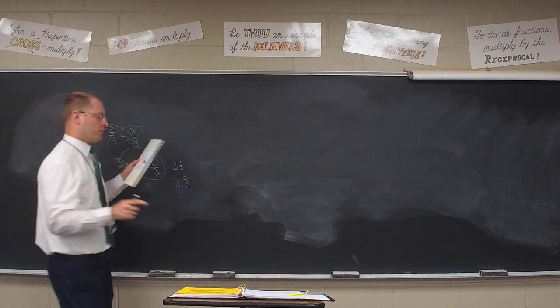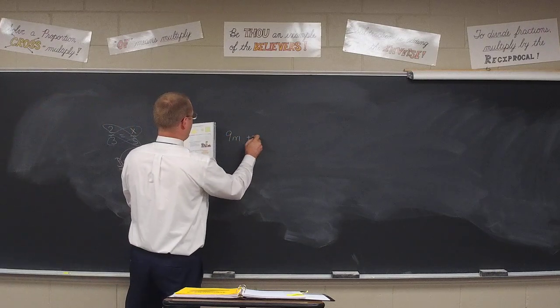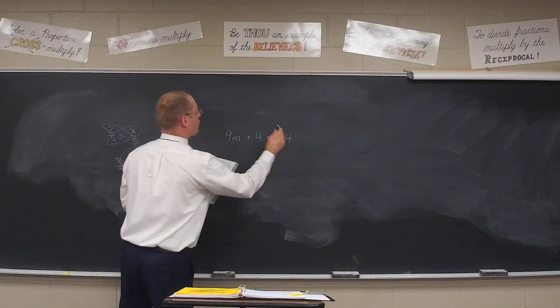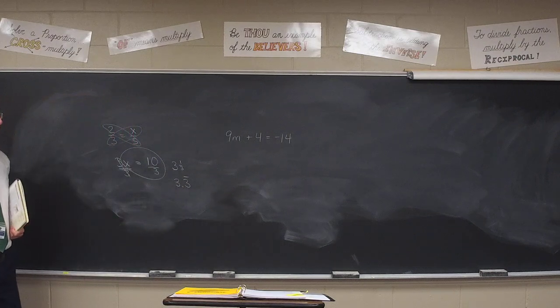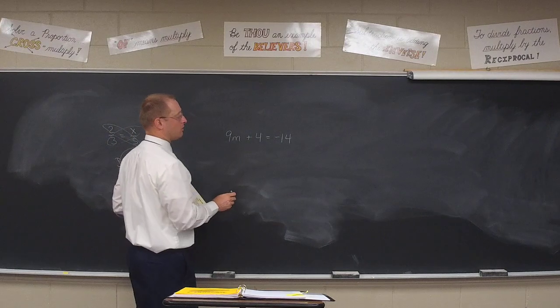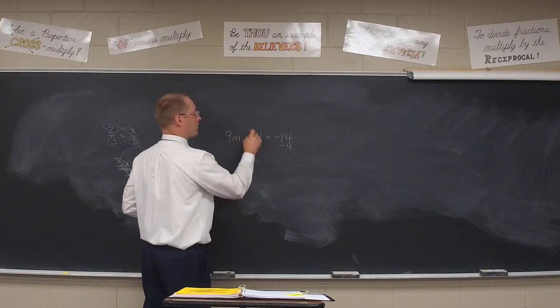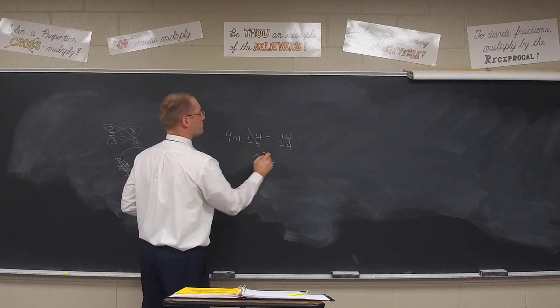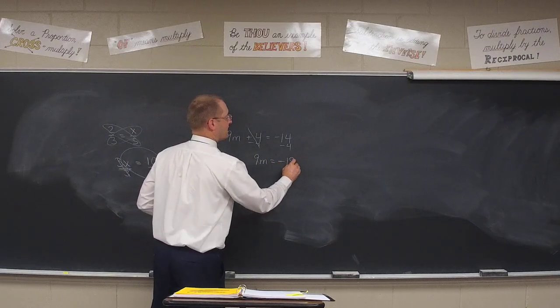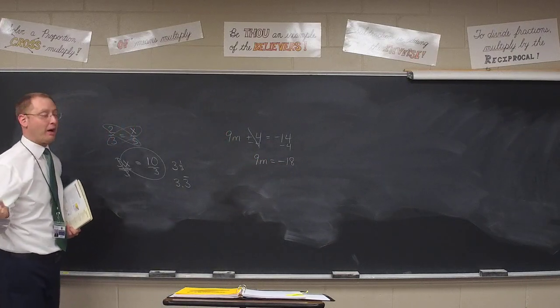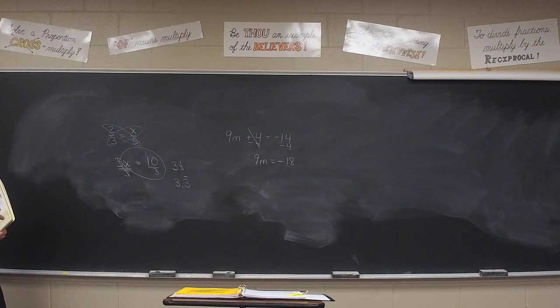Let's take a look at 9, though, very quickly, because we did have a couple of people struggle with this one. Let's go back to Michael. What do we need to do first on this problem? We need to take the positive 4 and add a -4 to both sides. There we go. To get 9m equals -18. And then, once we've done that, what do we do to now get the m by itself?